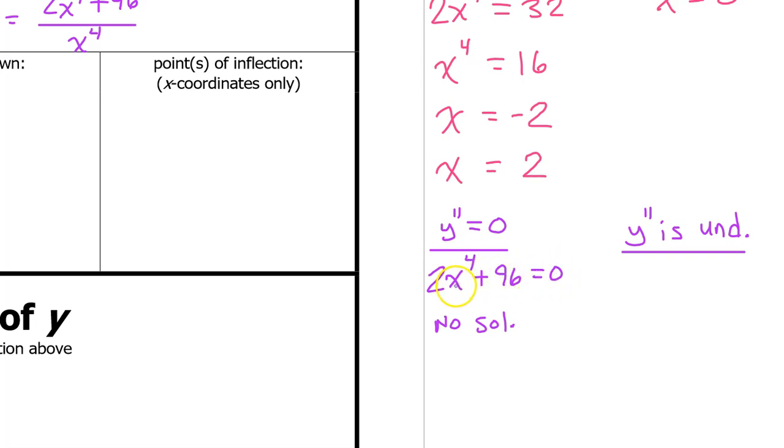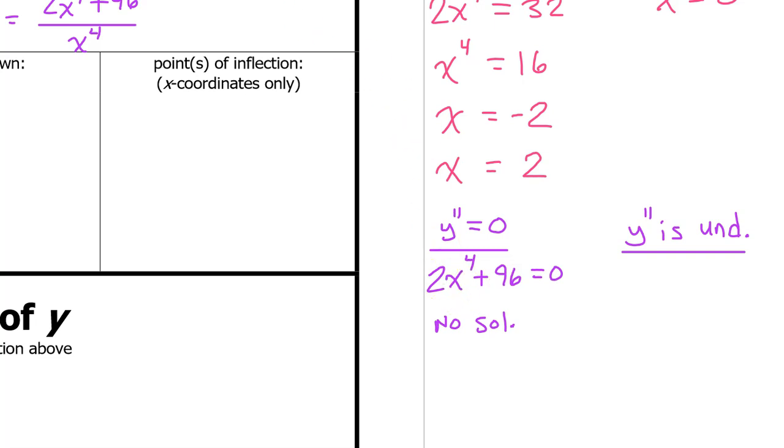Because we are raising x to an even power, negatives will turn positive. So this term can never be less than 0. It can never be negative. So if you have 0 or a positive number and then you add 96, that's going to be a positive number, never 0. The smallest this expression could ever be would be 96.